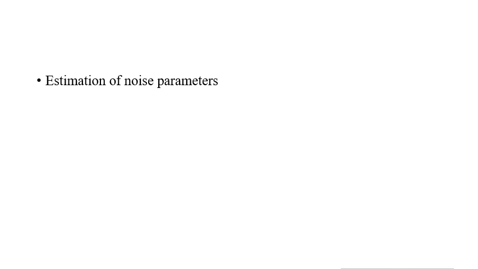Usually by looking at the noise PDF, we can estimate some of the noise parameters. One more thing: when you saw the test image and we corrupted it by noise, by inspection of the PDF, I told you at that time that we can have an idea as to which kind of noise has affected that image. So estimation of noise parameters is very important, especially to define the degradation function that has caused the degradation of the image f of x y, which has resulted in g of x y.